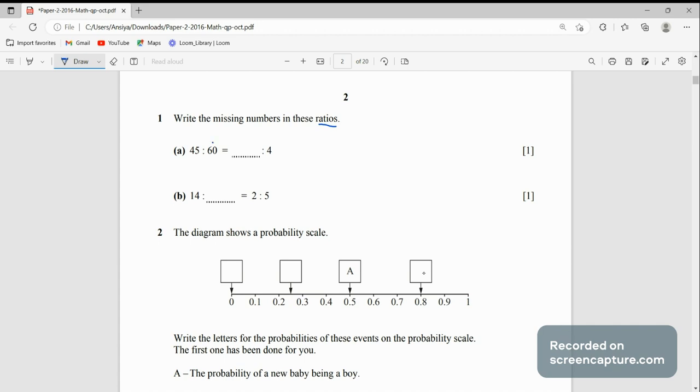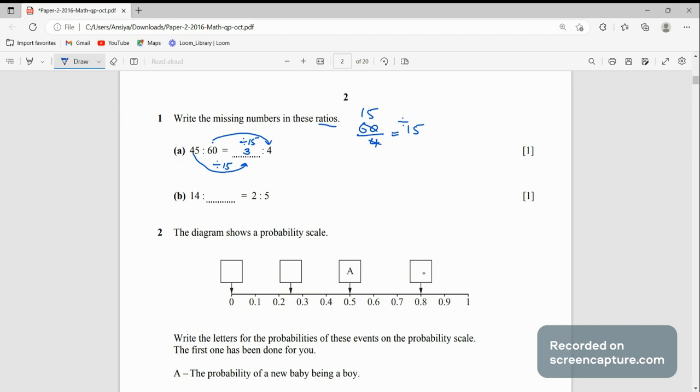You can see here 60 becomes 4, so the same change should happen to 45. 60 divided by 15 gives 4. So 15 is getting divided here, and 60 becomes 4. We can do the same: 45 divided by 15, that number will come here. So the answer is 3.